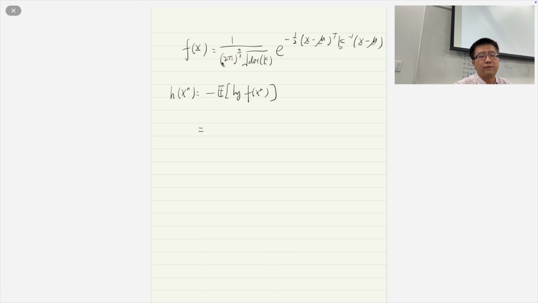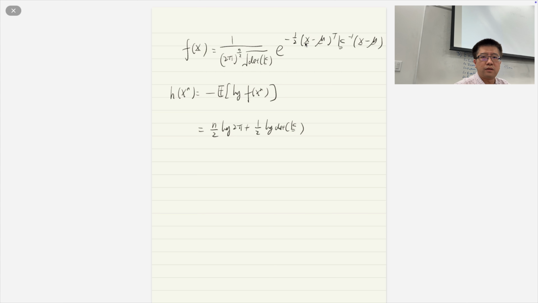We have (2 pi) to the n over 2 and the square root of the determinant of K, and a negative sign here, so it becomes a positive sign: n/2 log 2 pi plus 1/2 log determinant of K. So this is relatively easy.